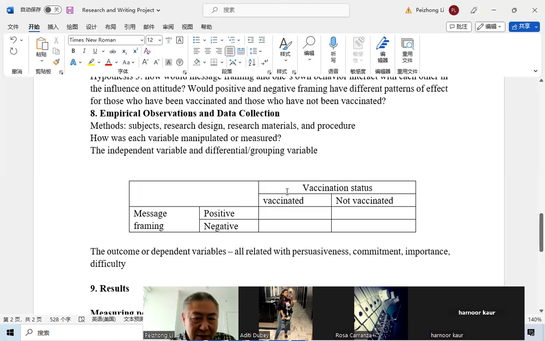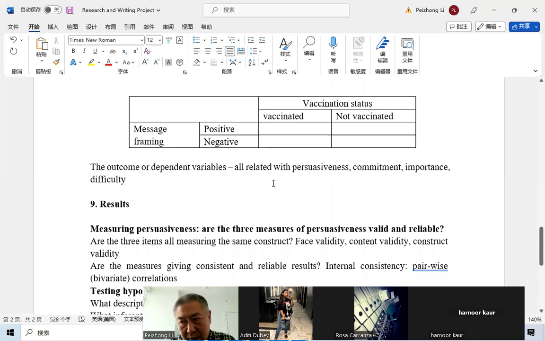The procedure is straightforward. So subjects were college students in a psychology class, and they randomly received one version of the questionnaire, positive versus negative. And then they completed the questionnaire as part of a classroom demonstration. They completed the questionnaire anonymously.